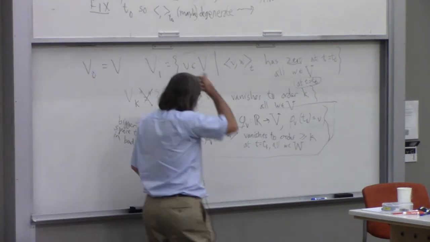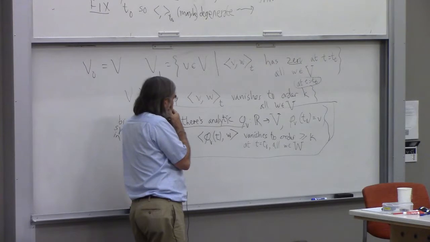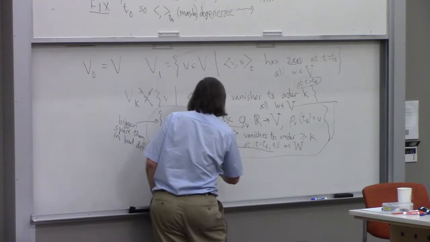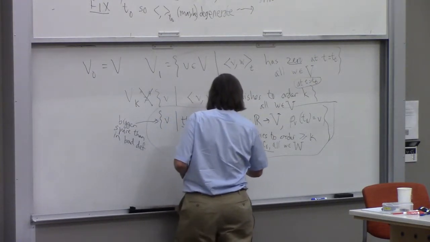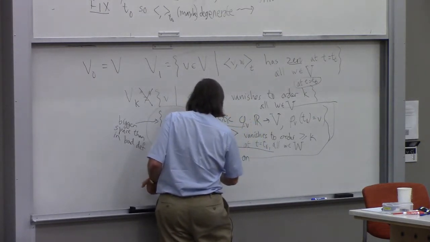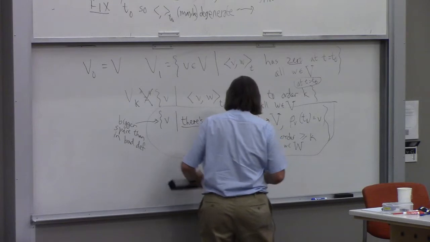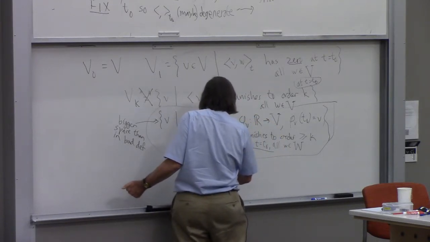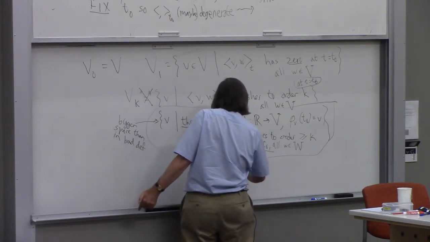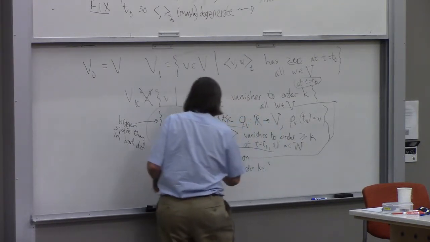So it's kind of clear that this condition depends only on phi v up to order k minus 1.